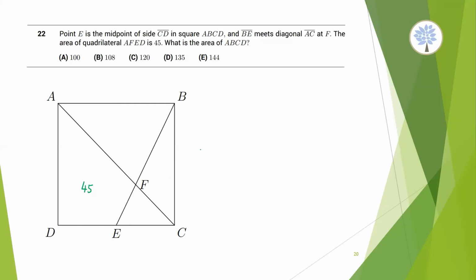So in this problem, we want to find a relationship between the areas of quadrilateral AFED and square ABCD.